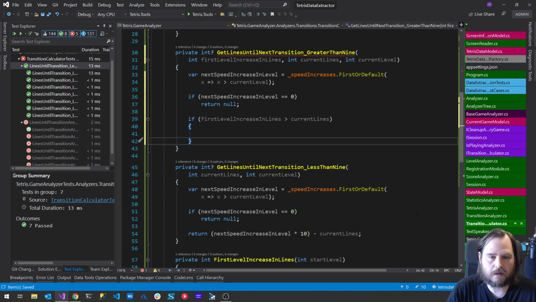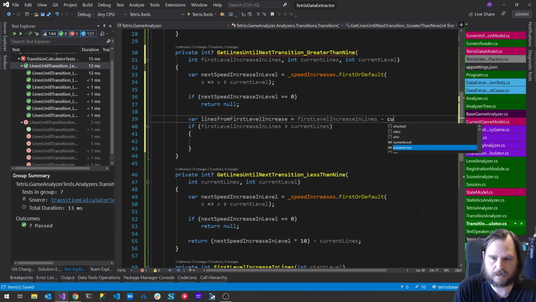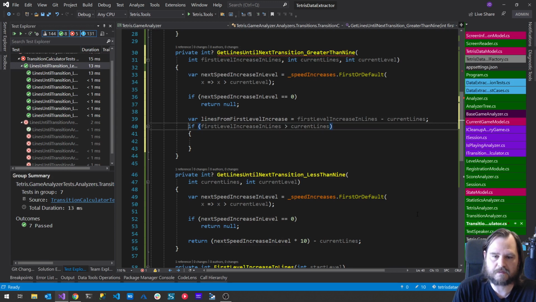It's how many lines away from the first level increase equals your first level increase minus your current lines. Now this could be negative if you've passed, but that's okay.